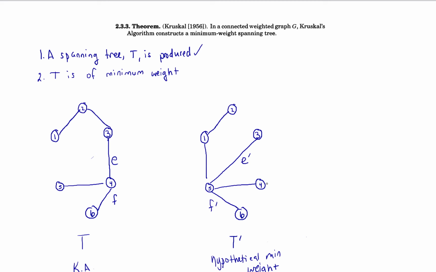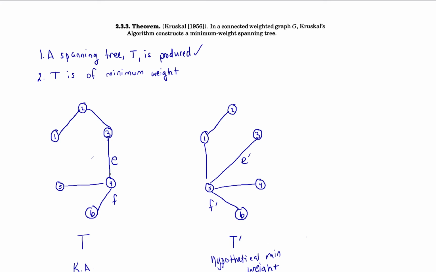Okay, if T was in fact the same as T prime, we would be finished with the proof because we would know at that point that T is a minimum spanning tree. But let's assume, as you can see, that T is actually not equal to T prime. So this means that there has to be at least one edge in T prime that is not in T. And if you look at our graphs, we can see that the edges E prime and F prime are not in T. And then you can also see that the edges E and F are not in T prime.